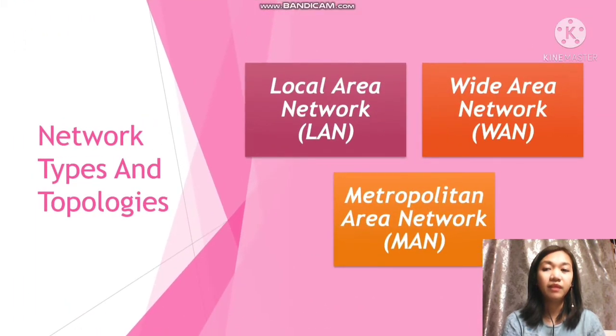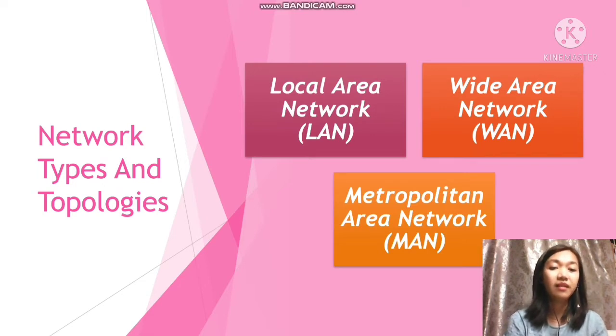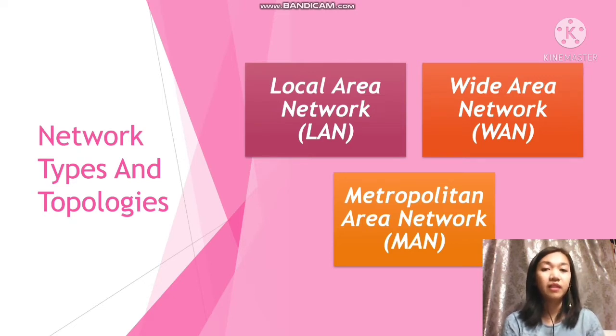So here we have the network types and topologies. The network types are the local area network, known as LAN, wide area network, known as WAN, and metropolitan area network, known as MAN. A local area network, or LAN, consists of a computer network at a single site, typically an individual office building.